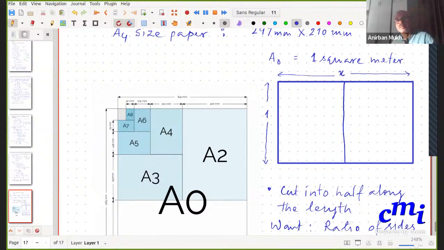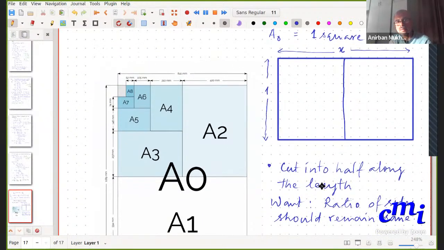So 1 is to x. X can be, of course, a rational number, not an integer. And then we cut it into half along these sides. We get two rectangles, and this is now x by 2. Now the longer side is 1 and the shorter side is x by 2.